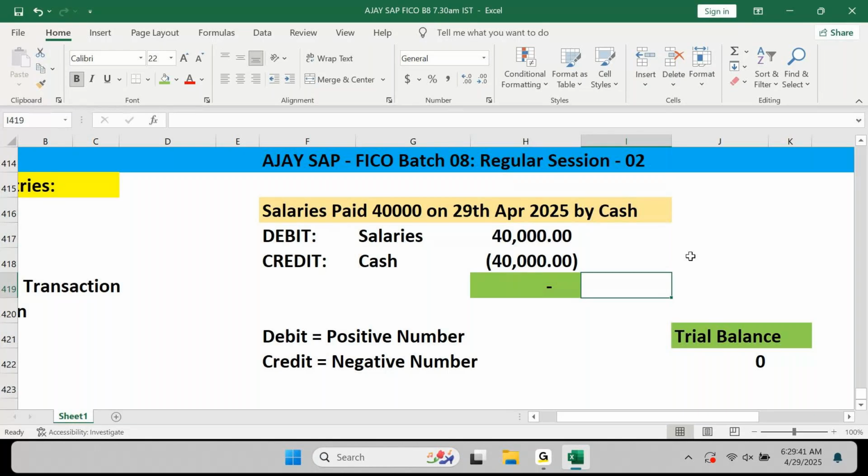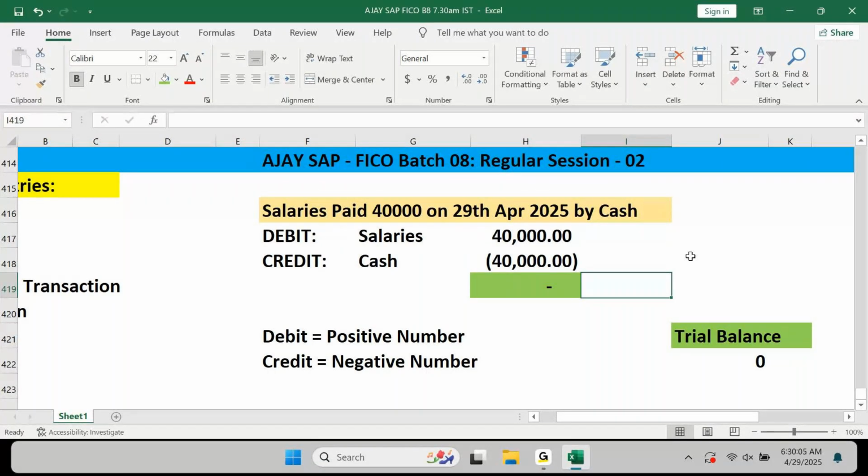Okay, this is my 40,000 debit, 40,000 credit, total is becoming 0. From this accounting entry, what you need to understand is the value of your accounting entry, the sum of your debit, sum of your credit. Is this becoming 0 or not? Total debit, total credit, is it equal?